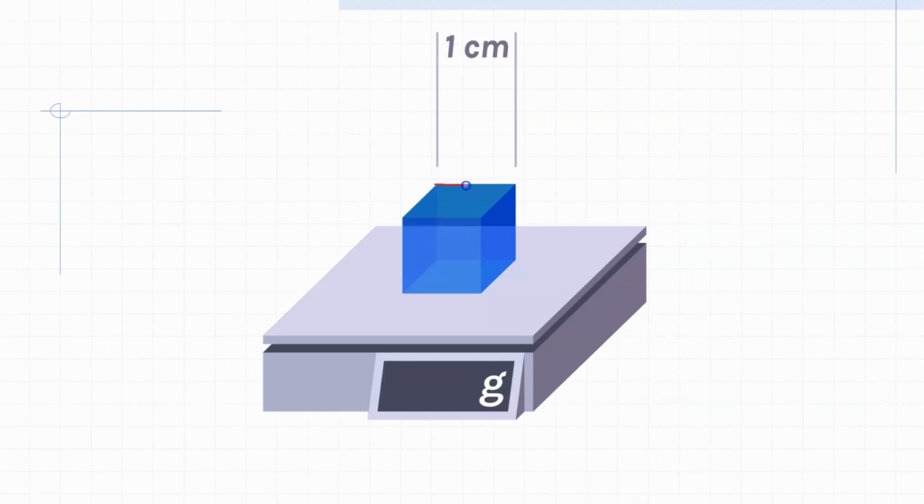This distance right here is being represented of 1 centimeter. This is also a centimeter. This is also a centimeter. So we do have on this balance a centimeter cubed. Now it's just listed as 1 centimeter as the distance from here to here, but this is a centimeter cubed.